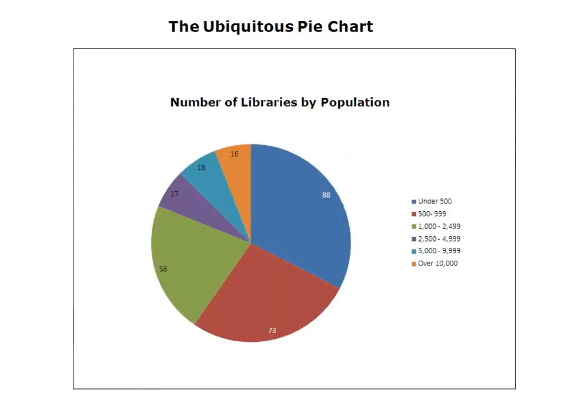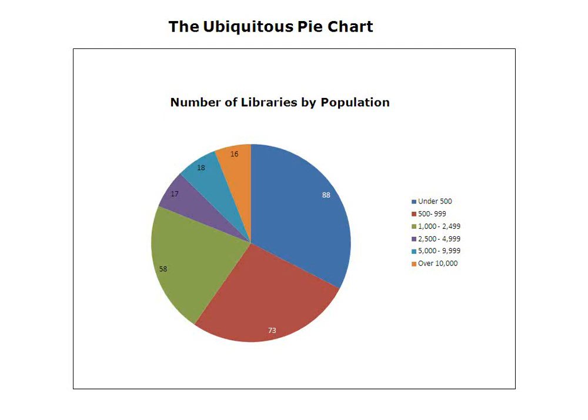Now we finally get to our pie charts. Pie charts are just wildly popular. I'm sure you've seen them all over USA Today, television, magazines. They're often misused and misunderstood, however, because they're really only appropriate for showing the parts of a whole.